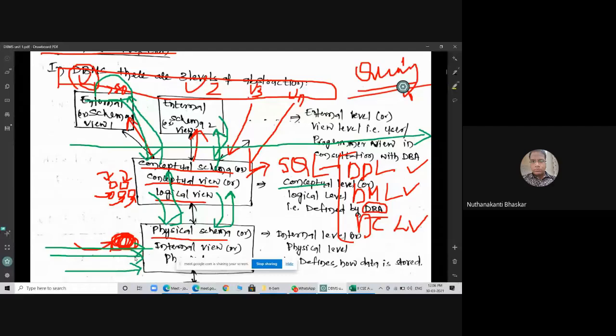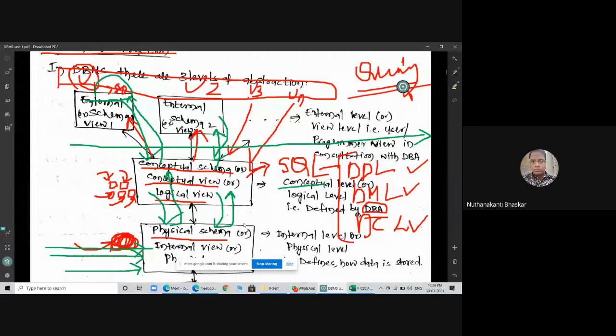Nowadays gold investments are also there in the bank, and so many more. Insurance policies are there. All the people are customers of that particular bank. So the physical schema contains all the customers' information. Clear?